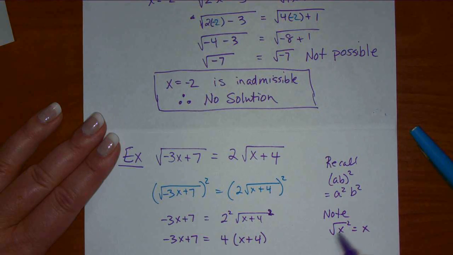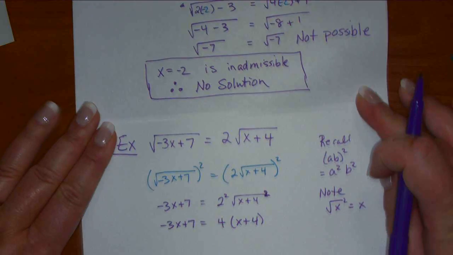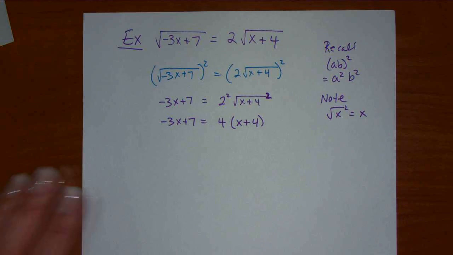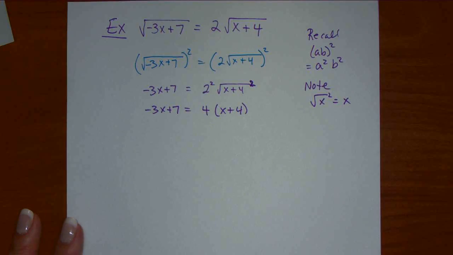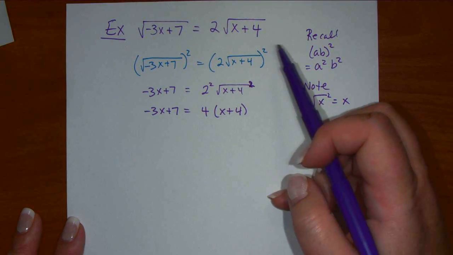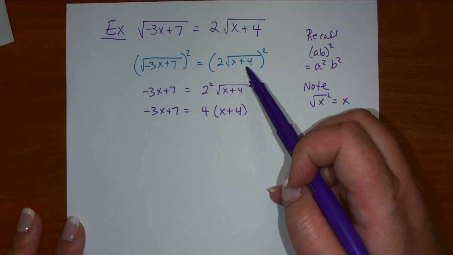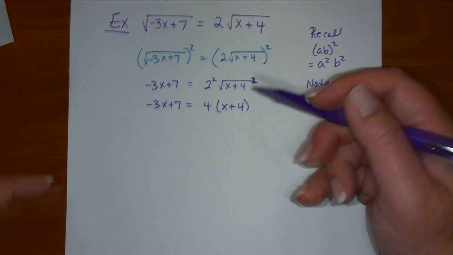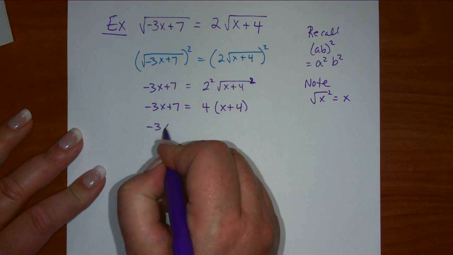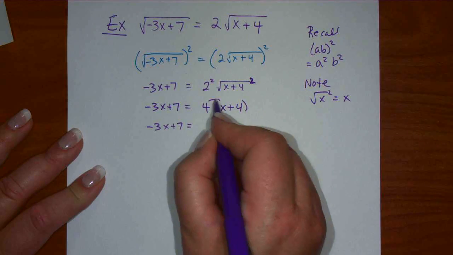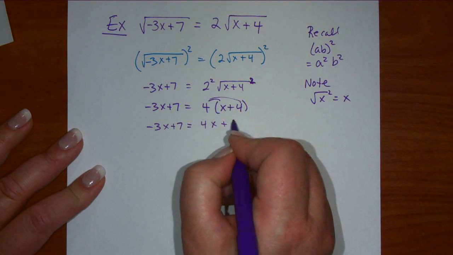When it's a root and a square, they cancel. But this squared has to go into both things, the 2 and the root. Okay, so we've got this minus 3x plus 7 equals 4x plus 16.